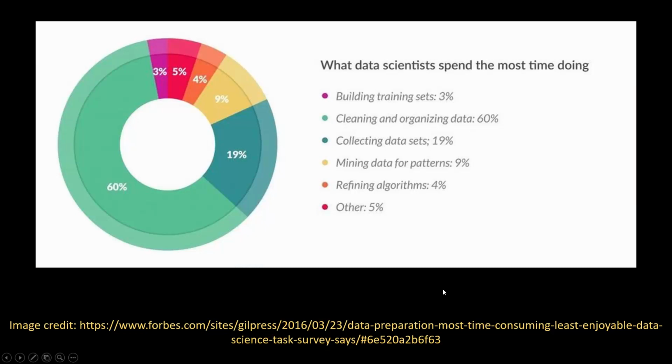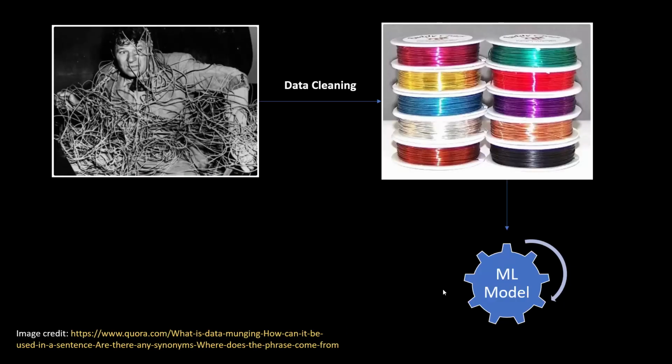There was a study published by Forbes magazine on what data scientists spend most of their time on. And from this chart, it was very clear that they spend the majority of their time in data cleaning, because in the real world, the data looks pretty messy, as shown in this funny picture here. And you need to clean that data so that you can feed that clean data to your machine learning model.